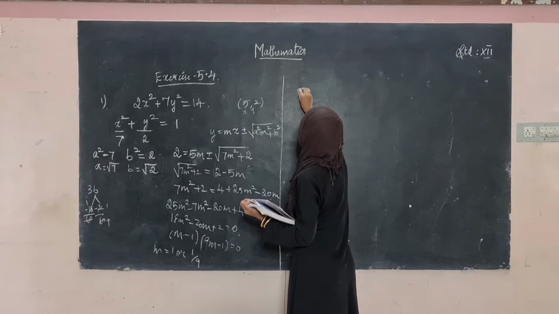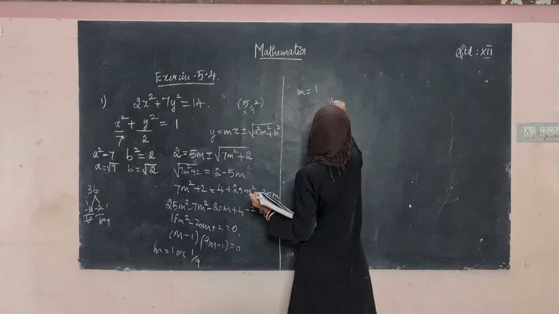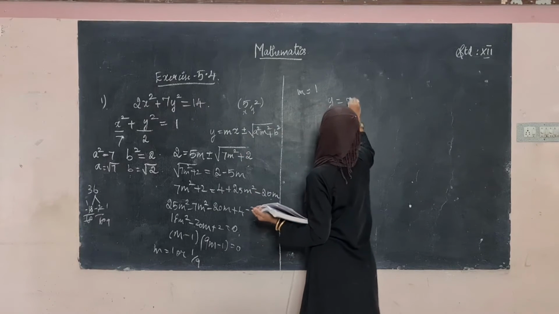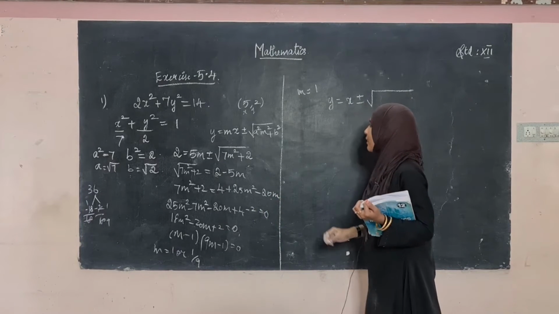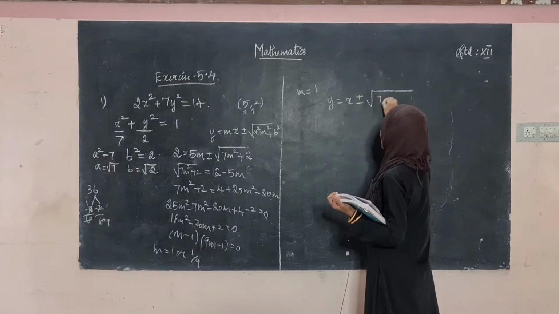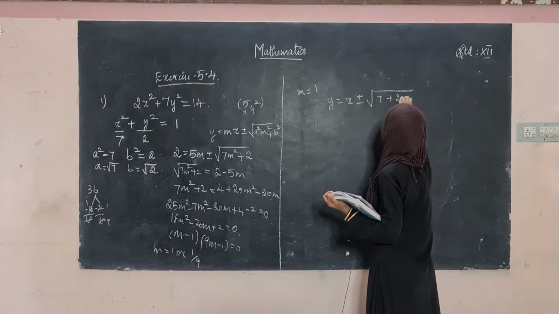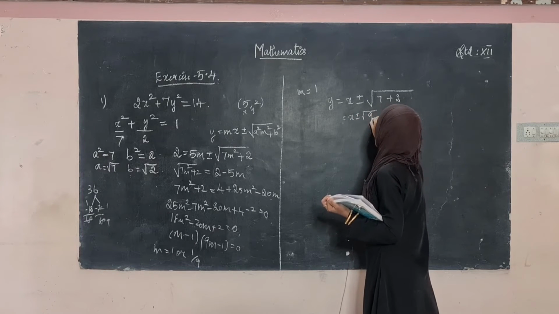That is when m is equal to 1. So what happens? y is equal to 1 into x plus or minus square root of, what is a square? 7. 7 into 1 square is 7, plus what is b square? 2. So x plus or minus square root of 9.